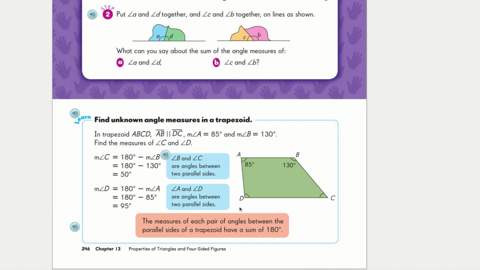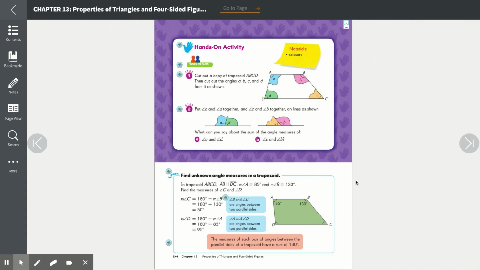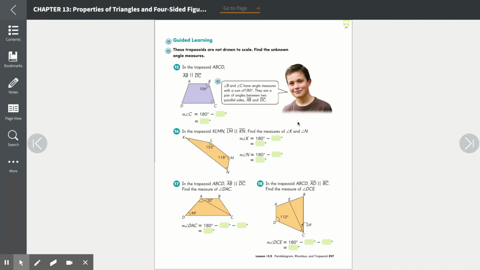And if we wanted to find out what angle D was, we know that angle A is 85. So we'd have 180 minus 85 equals 95. So we know that angle D is 95 degrees. So the measures of each pair of angles between the parallel sides of a trapezoid have a sum of 180 degrees, I should say.